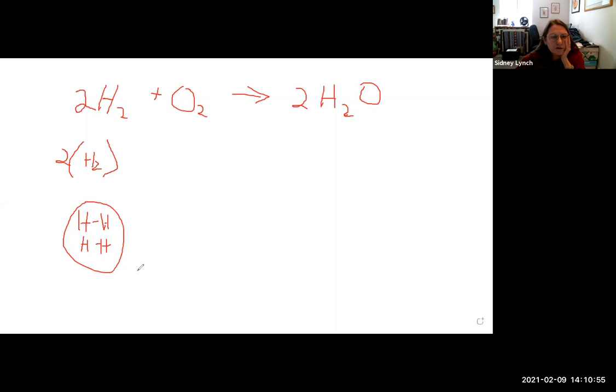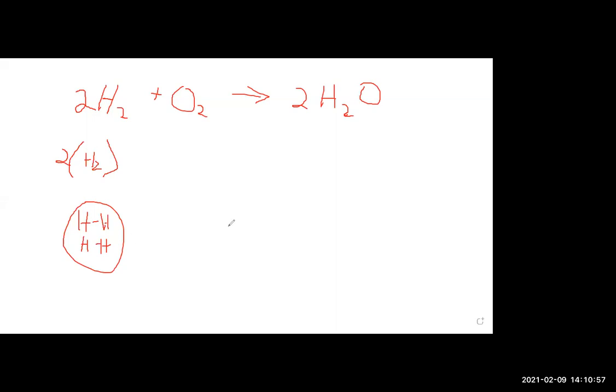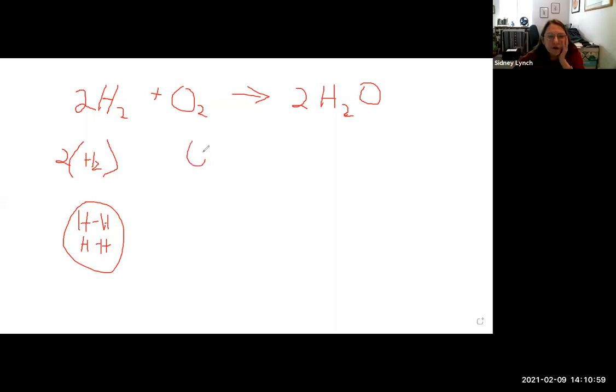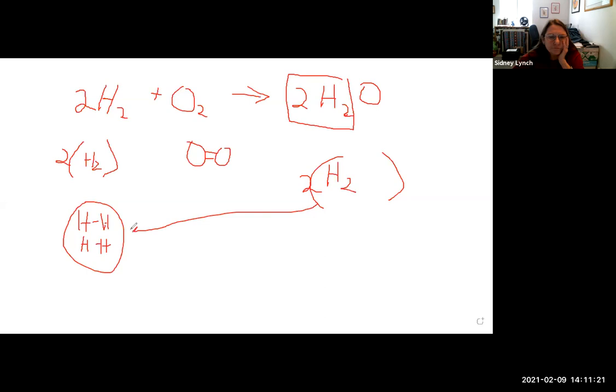O2 is O double bonded to an O, so that's 2 oxygens. Over here we have the 4 H's again, 2 H2, because this whole thing means 2 H2Os. So you have the 2 H2s, which are the 4 H's, which match with that.